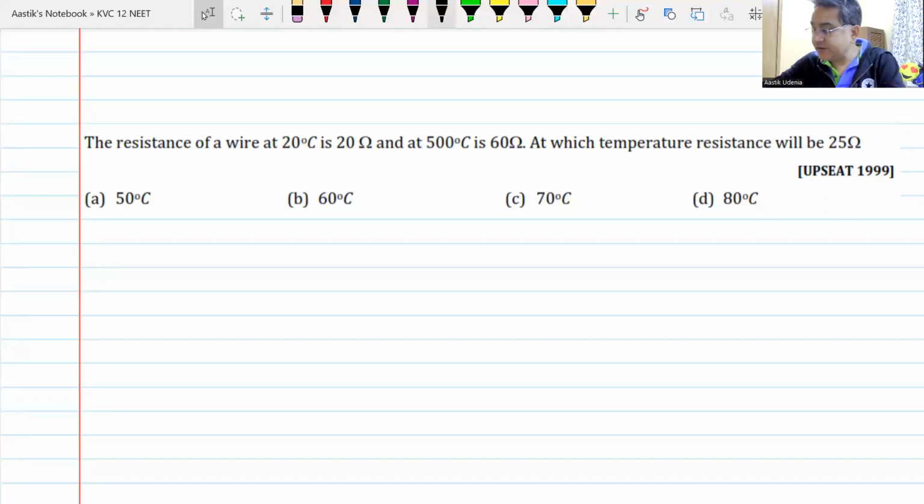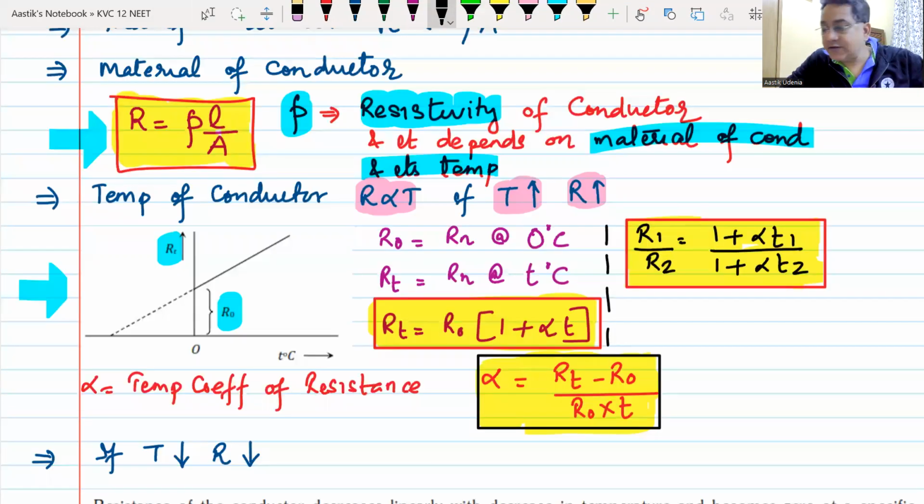Do you need a hint to solve this problem, or do you remember the formula? The hint is on your screen now. This is the formula.